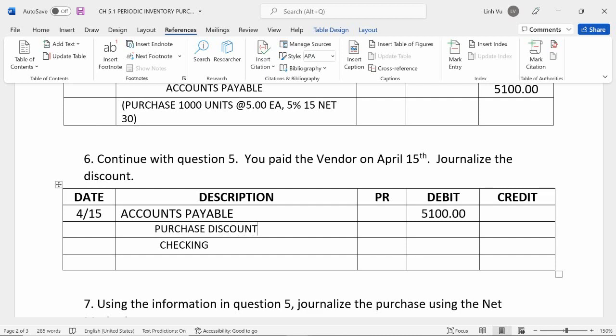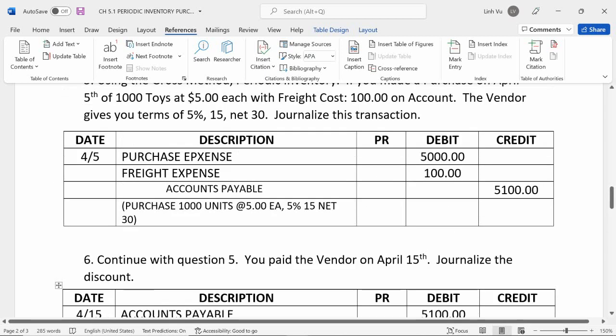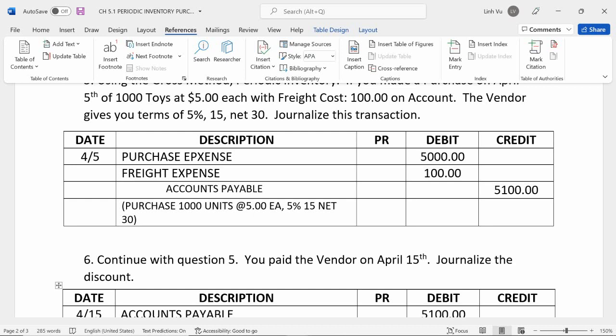So in this case, I'm going to be receiving a 5% discount. Now, what amount can I discount? What number can I use to discount? How much is going to be a 5% discount? 5,000, right?